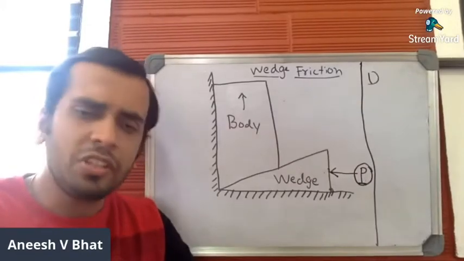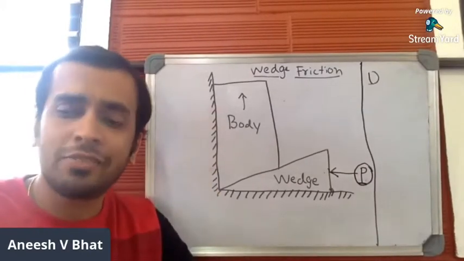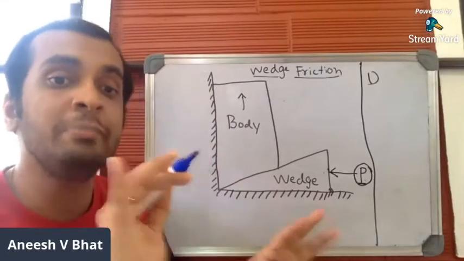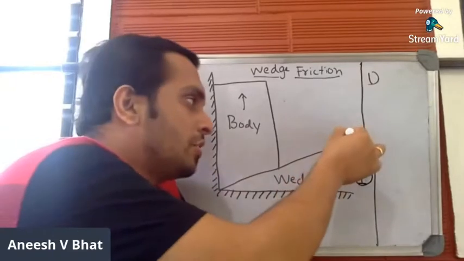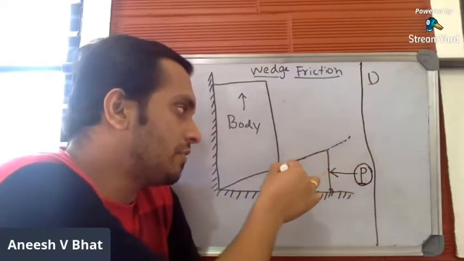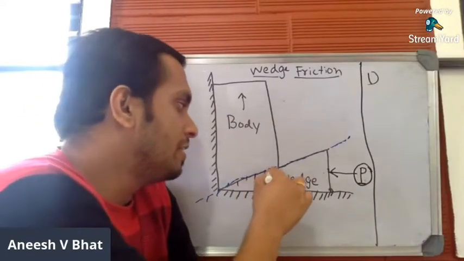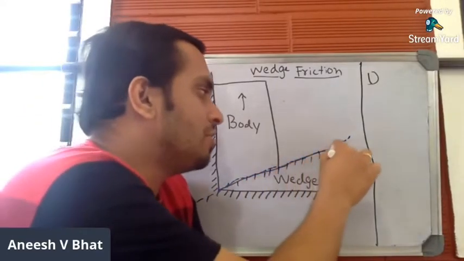Whenever you have two bodies in contact, you draw an imaginary surface between them. So I'll draw an imaginary surface between these two; let this be the imaginary surface between the body and the wedge.